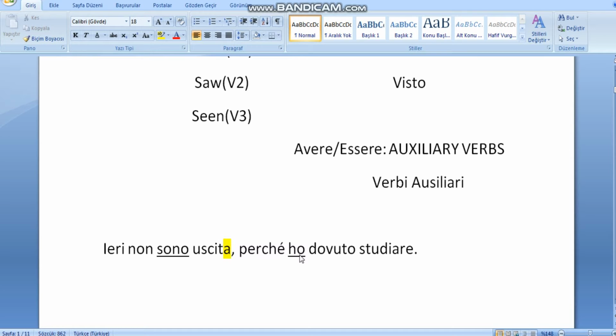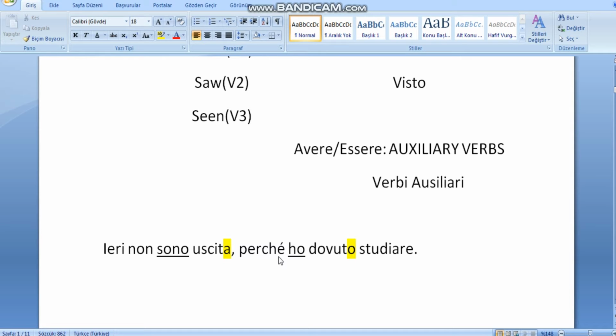And here, perché ho dovuto studiare, we leave the last letter of the verb dovuto, because we use the auxiliary verb avere.